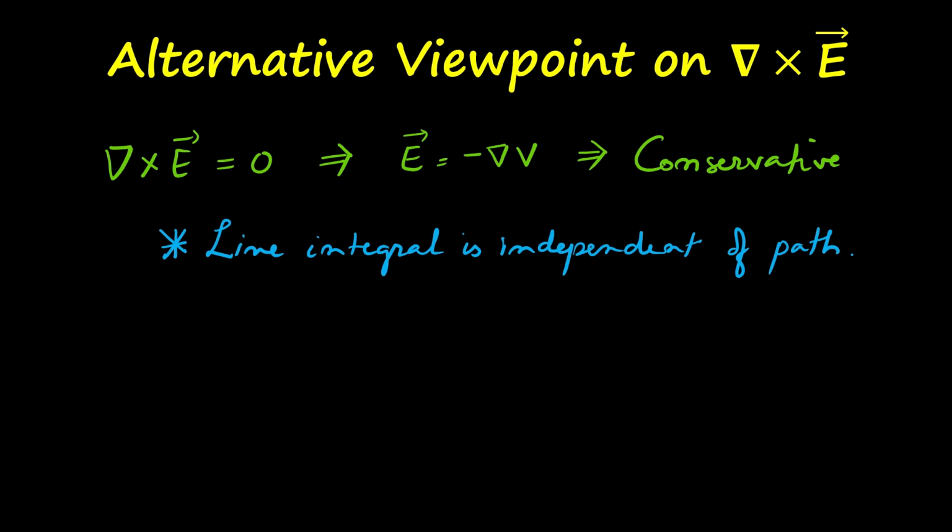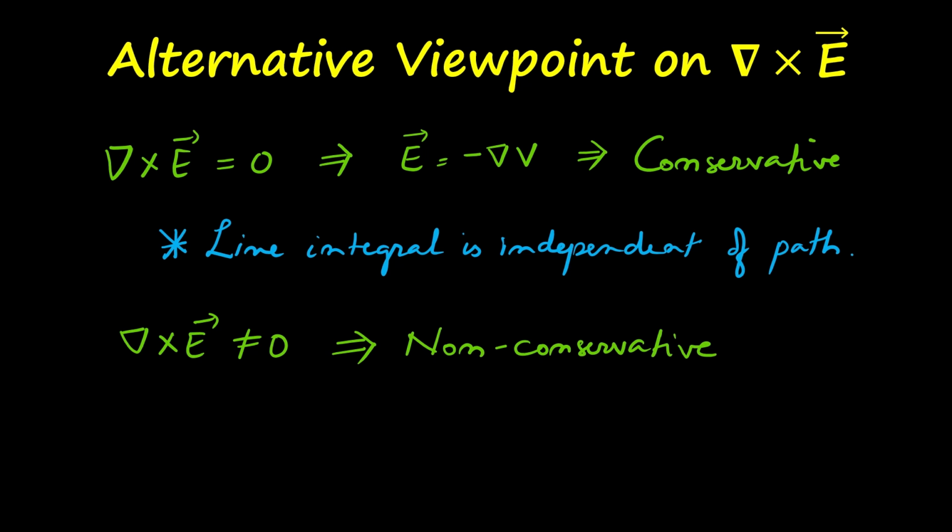But if the curl of E is non-zero, then the system is non-conservative. And if the curl of E is non-zero due to a time-varying magnetic field, then the expression of electric field as the negative of the gradient of a scalar function is not valid.